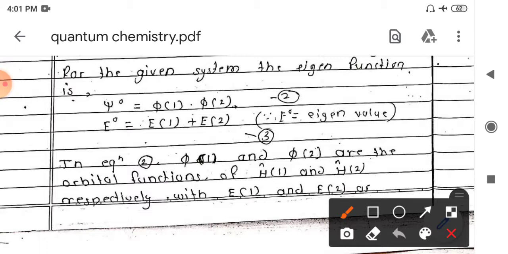Psi 0 is equal to phi 1 into phi 2, where phi 1 corresponds to the wave equation of the first electron, phi 2 is the wave equation for the second electron, and E1 is the energy of the first electron and E2 is the energy of the second electron. So E1 and E2 are the eigenvalues for the eigenfunctions phi 1 and phi 2, operated by the Hamiltonian operators H1 and H2.